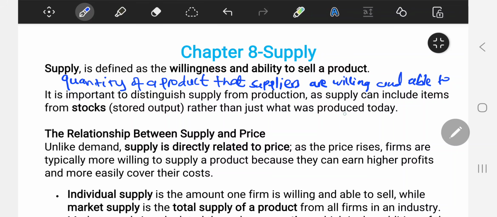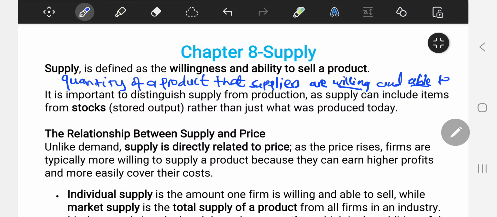So the most important words here are that suppliers are willing and they are able to bring to the market at a given price.